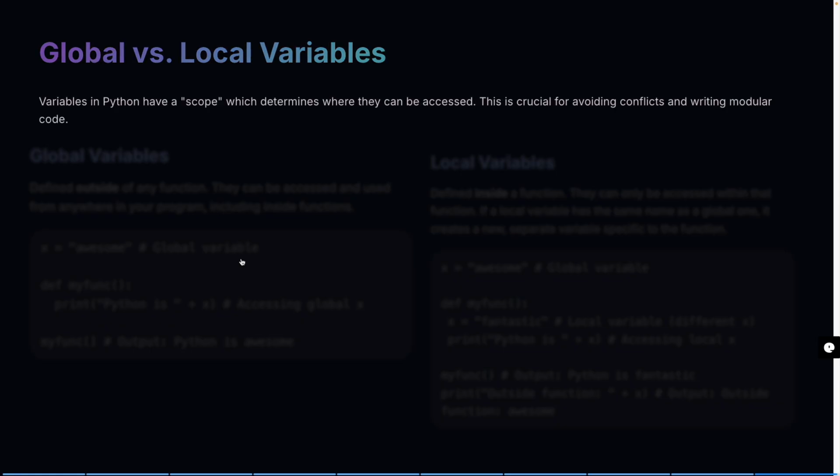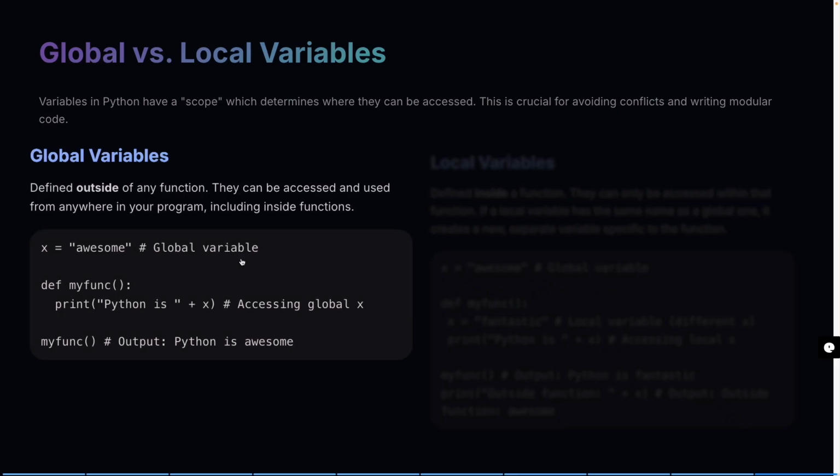Global versus local variables. Variables in Python have a scope which determines where they can be accessed. This is crucial for avoiding complexity and writing modular code. Global variables are defined outside of a function, and they can be accessed and used from anywhere in your program, including inside functions. x is equal to awesome.